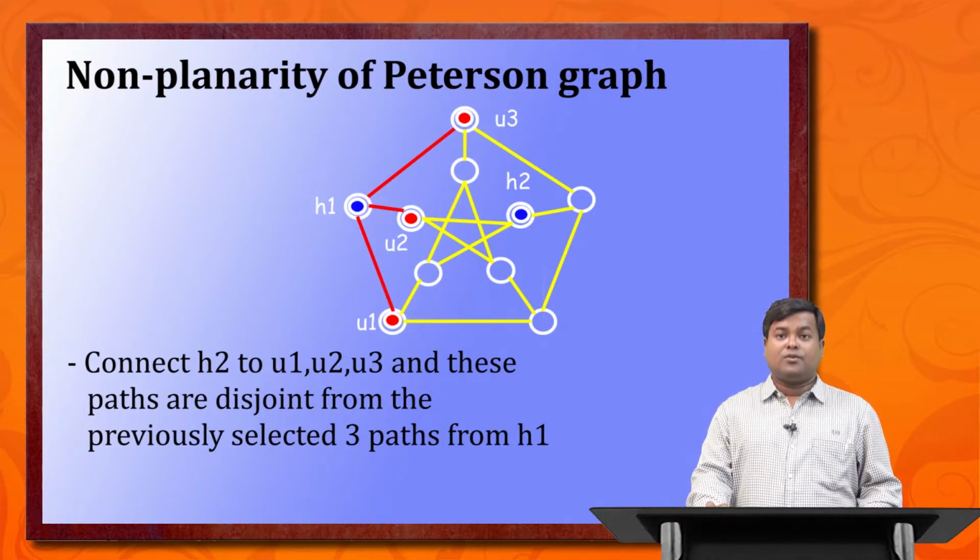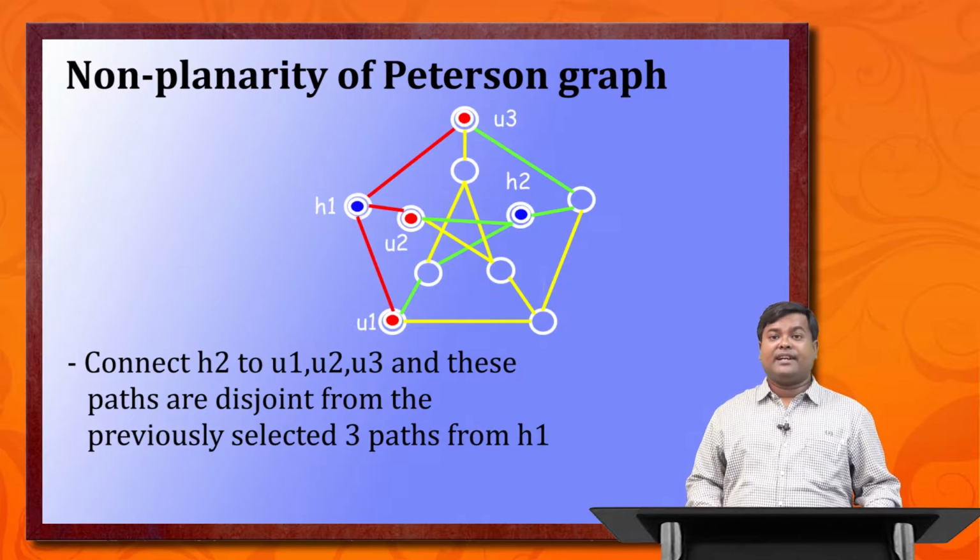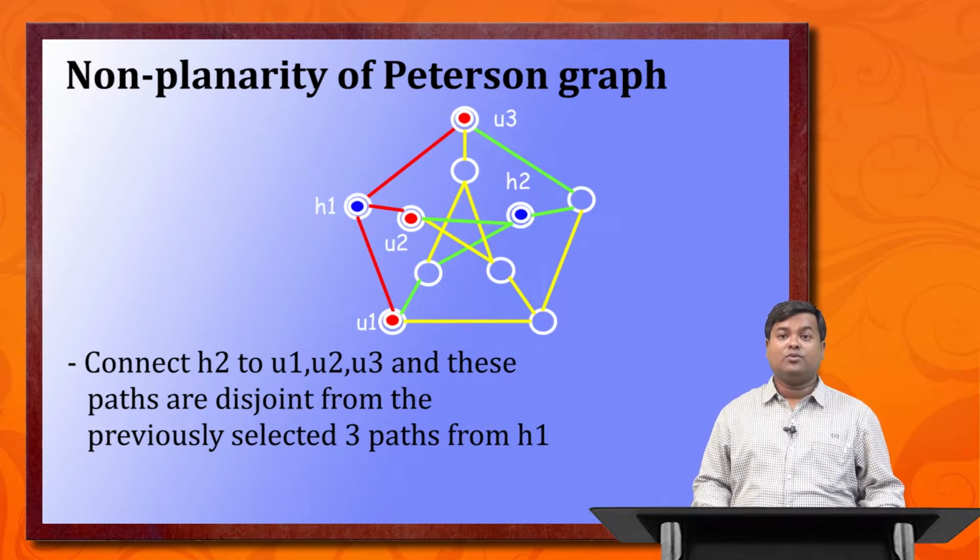So let's find 3 different paths from H2 to U1, U2 and U3. I have marked them in green color. Now H1 and H2, these 2 vertices having degree 3, are connected to U1, U2, U3 by 6 different paths.